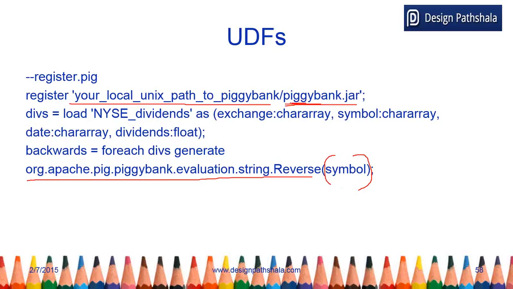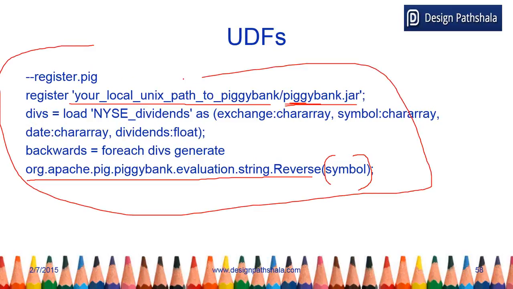If you just Google piggybank, that will give you all the functions in the piggybank, and you can use them. Most of the functions you might think of for string operations and mathematical operations are there, and you can directly use them rather than creating your own UDF. Otherwise, you can create your own UDF. All you have to do is implement some interfaces and create a JAR, and you can use that JAR as your UDF.